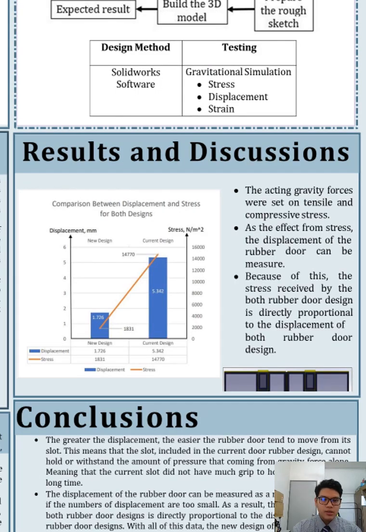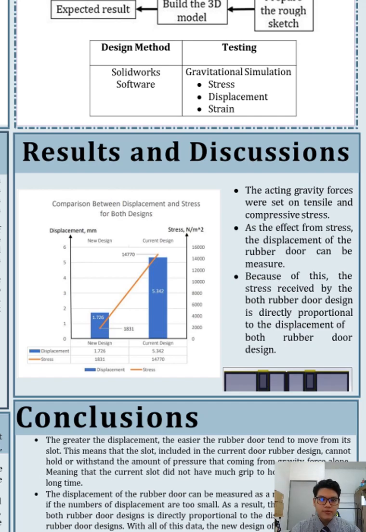The results and discussions in this project are based on the comparison graph. The stress for the current design is 14,770 Newton per meter square, higher than the new design, which is 1,831 Newton per meter square.